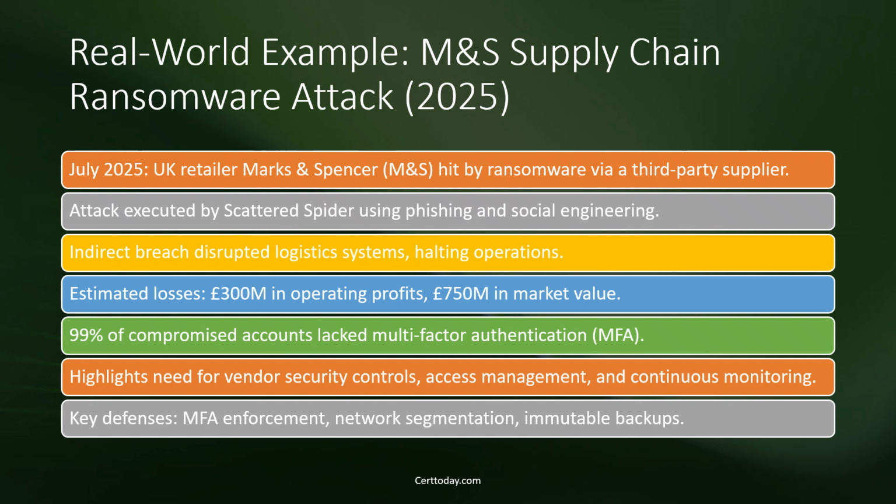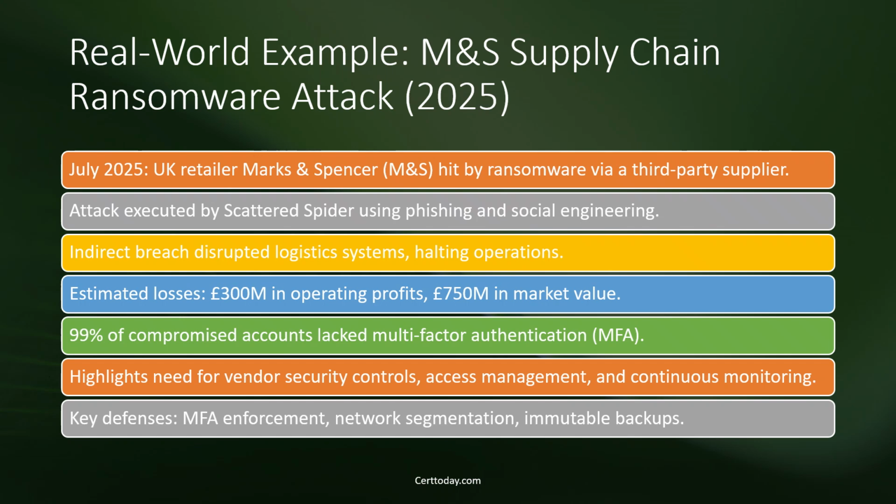Real world example: M&S supply chain ransomware attack. In July of 2025, UK retailer Marks and Spencer, M&S, experienced a major operational disruption due to a ransomware attack carried out by the cybercriminal group Scattered Spider.